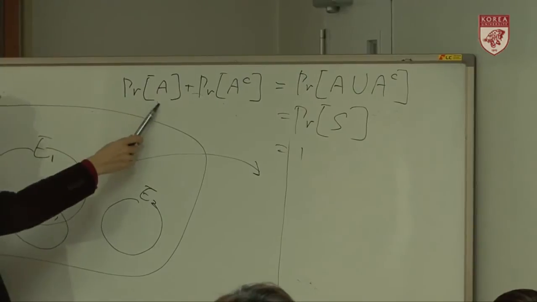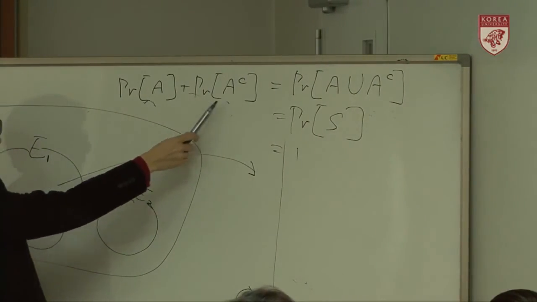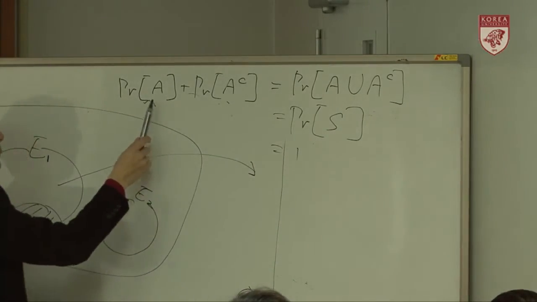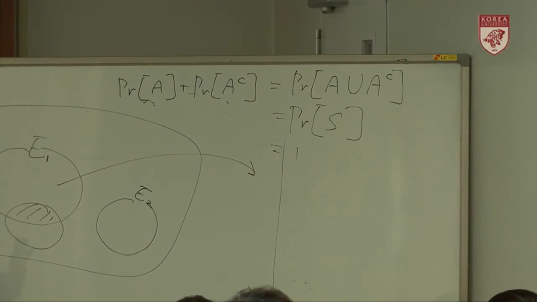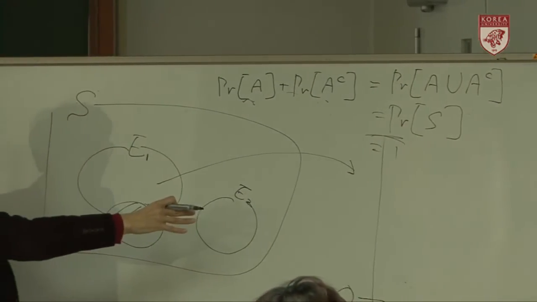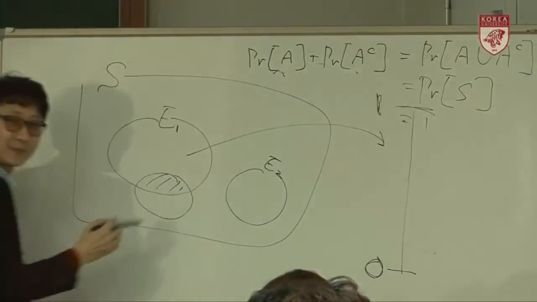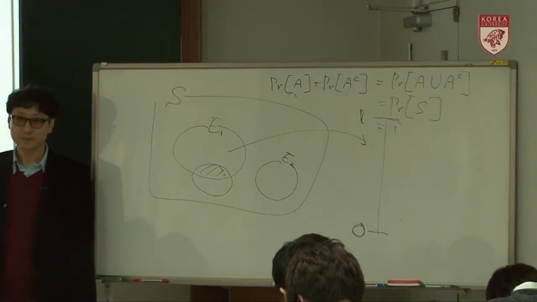So the probability of A should be non-negative, and the probability of A complement should be non-negative. And the sum is 1, so both should be less than or equal to 1. You got it? So that's why. Basically, probability is a mapping function to the real numbers, and that real number should be from 0 to 1 by this probability theory.